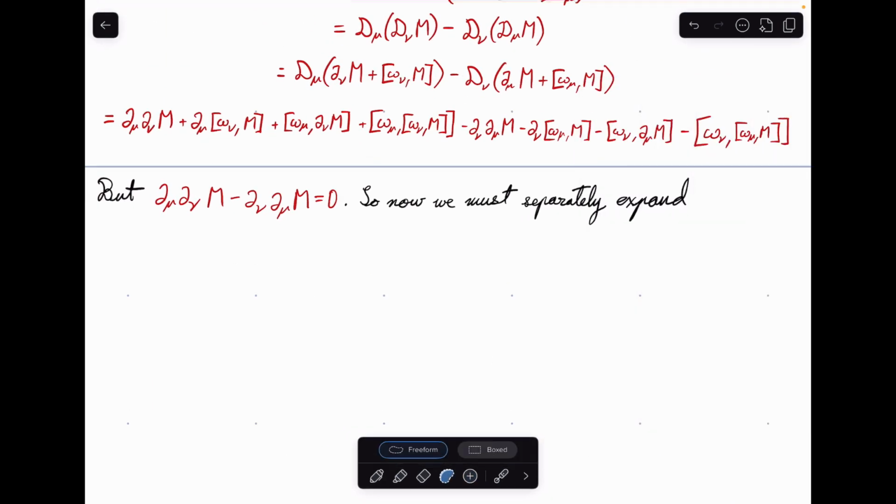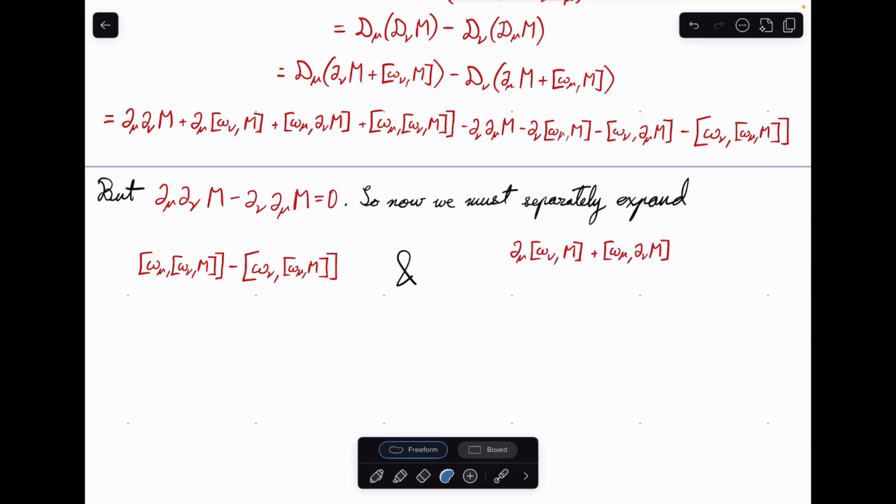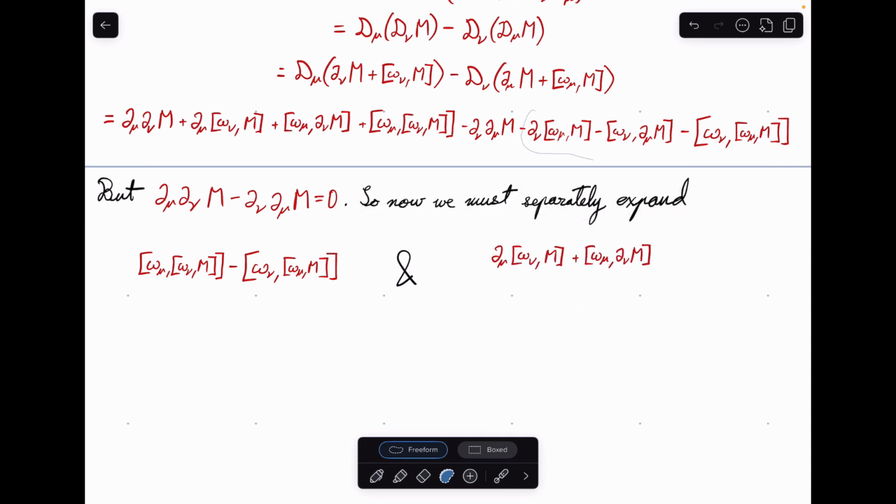We must separately expand, oh shoot, this minus this, and then this term minus this term.